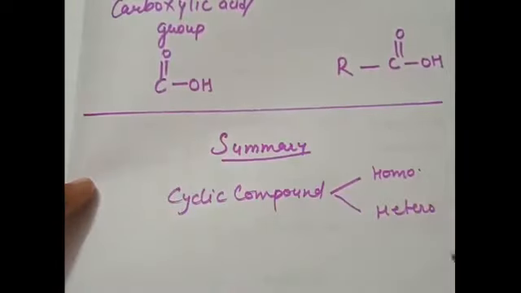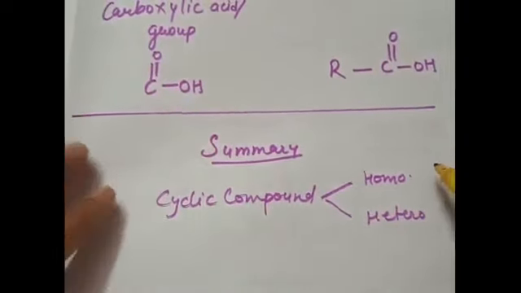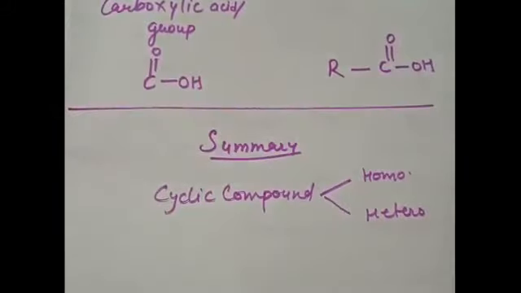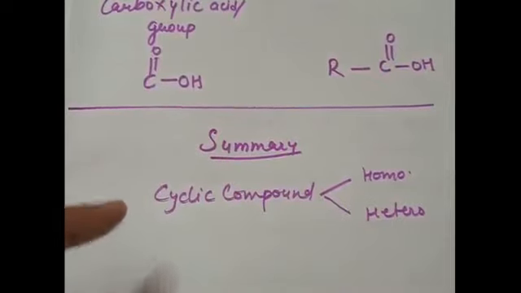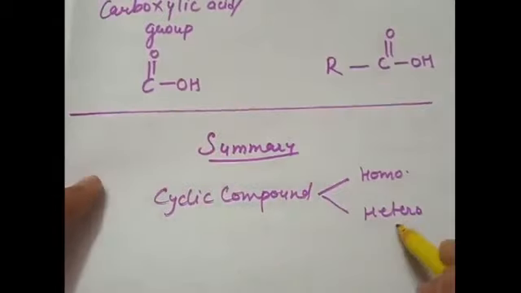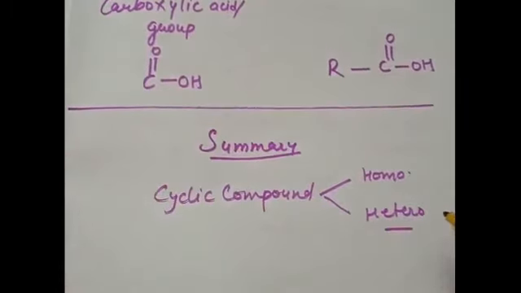Homo means similar kind of atoms, that means only carbon atoms are present in the rings, because we are talking about cyclic compounds. Then hetero, in which the carbon ring has one or more different atoms from some other element like oxygen, sulfur, nitrogen.